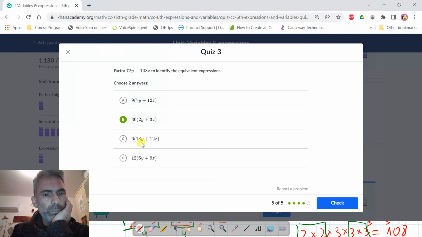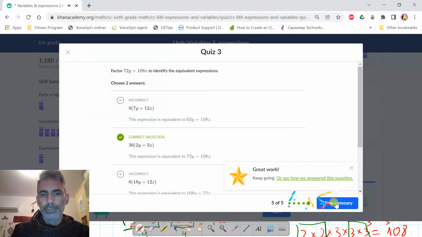So 60 plus 48 is 108. Okay, so this is not correct. 12 times 6 is 72. 12 times 9: 10 times 9 is 90, 2 times 9 is 18. So 90 plus 18 is indeed 108. So D is also correct. Good.